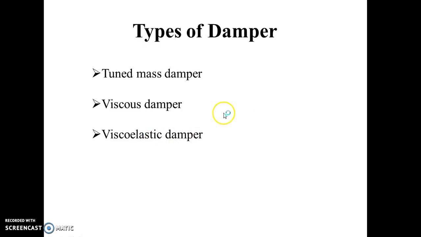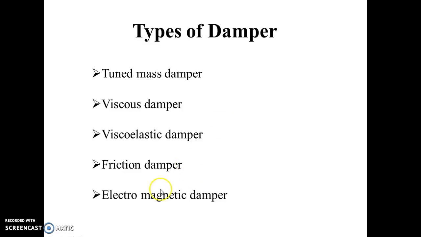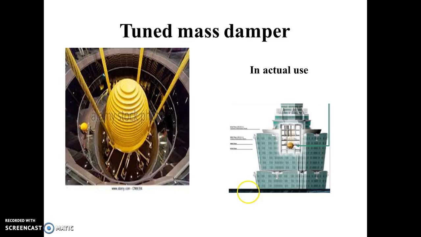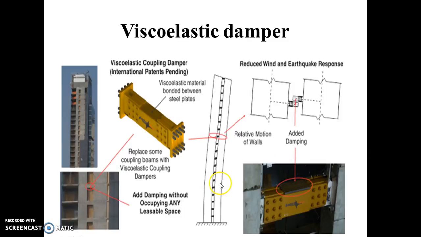Friction dampers. These are the types of various dampers. Electromagnetic dampers are being used in electrical fields. Let's see, this is a tuned mass damper. This is a viscoelastic damper. These steel rods are bonded with viscoelastic material.